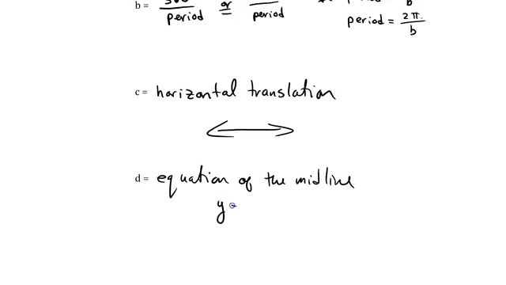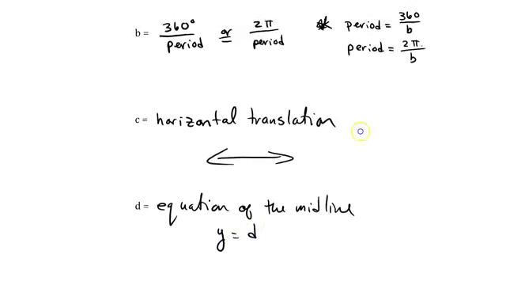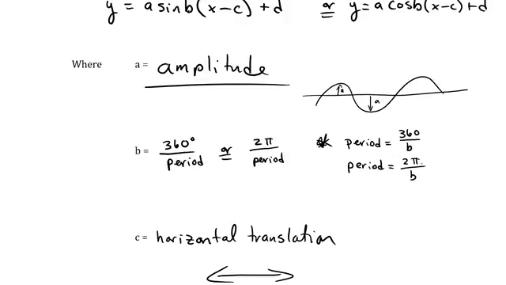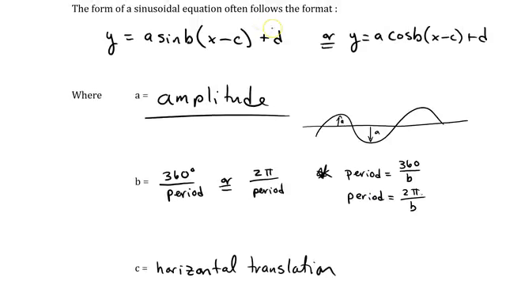So y equals that D value. Now if D is negative, then your equation of the midline is going to equal a negative value. But oftentimes people are going to mess up this in the bracket, minus c and then plus d. Remember, the d is all in its lonesome, not inside a bracket.